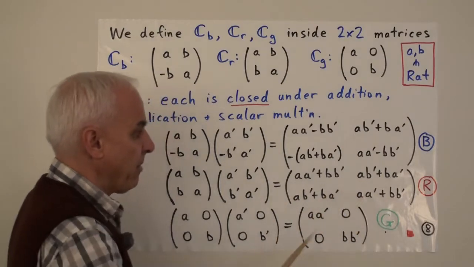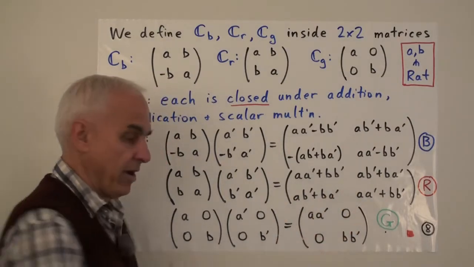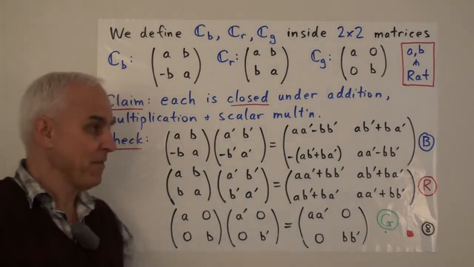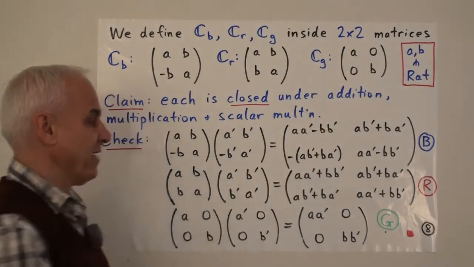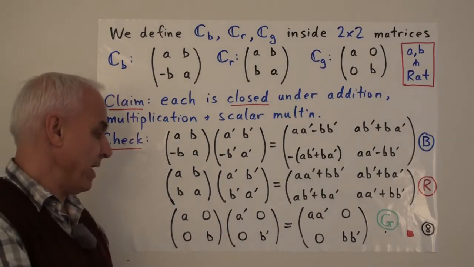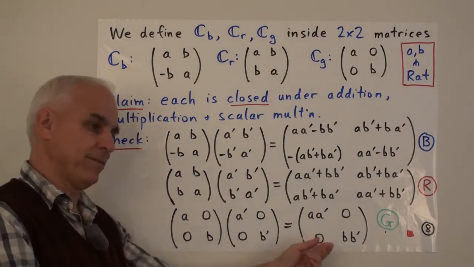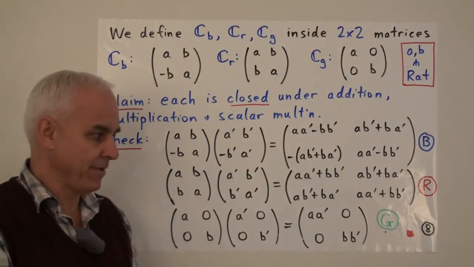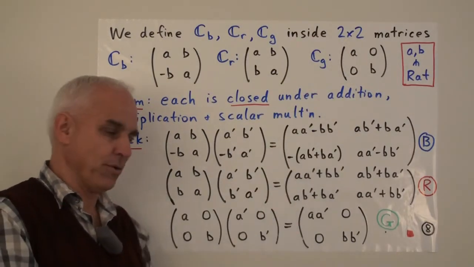This and this are the same, and in this case this and this are the same. And much more simply, this is also a subalgebra. Here are two matrices of that form. Their product is also obviously of that form. This is a lot simpler to check than these two.